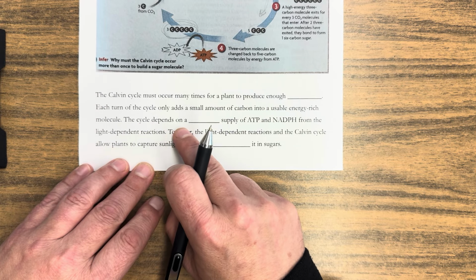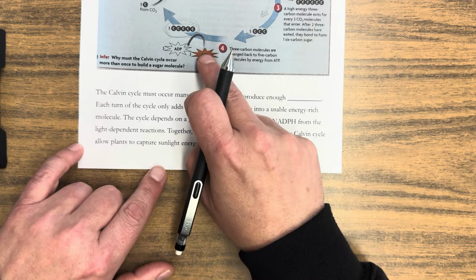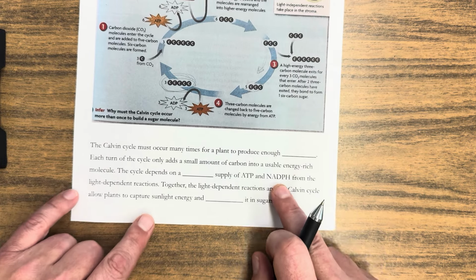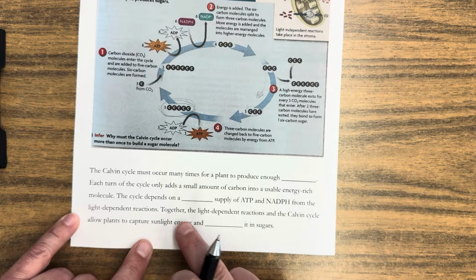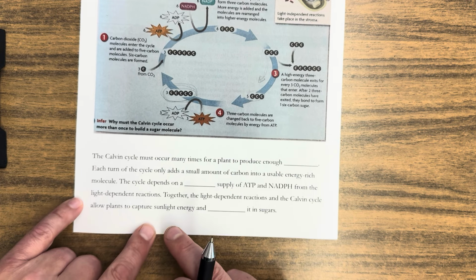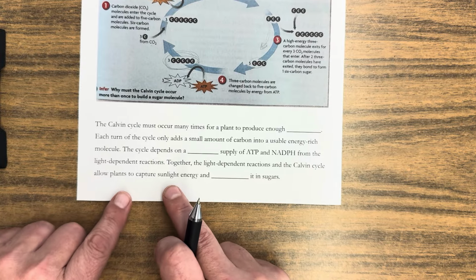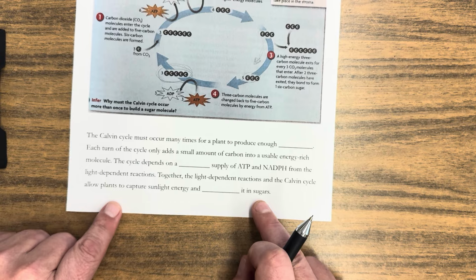The cycle depends on a constant supply of ATP and NADPH from the light-dependent reactions. Together, the light-dependent reactions and the Calvin cycle allow plants to capture sunlight energy and store it in sugars.